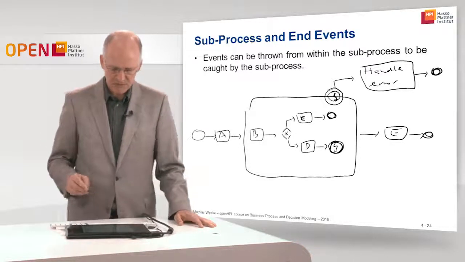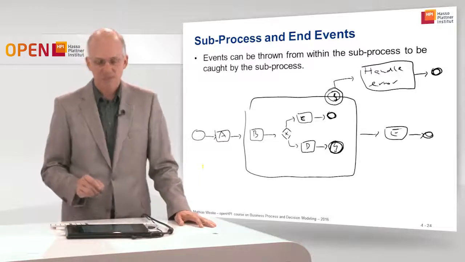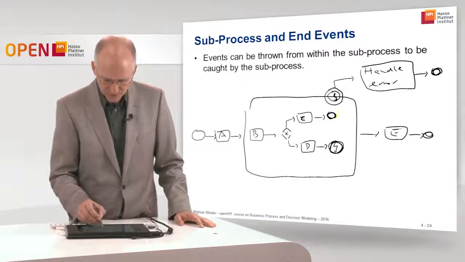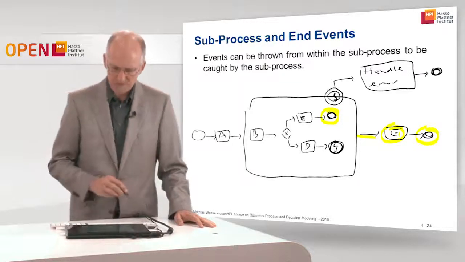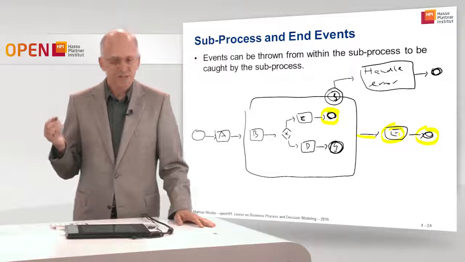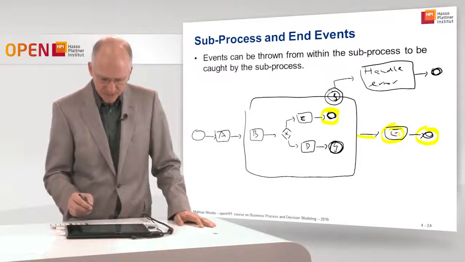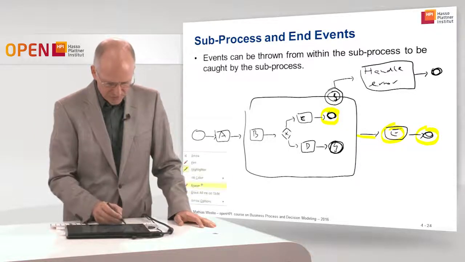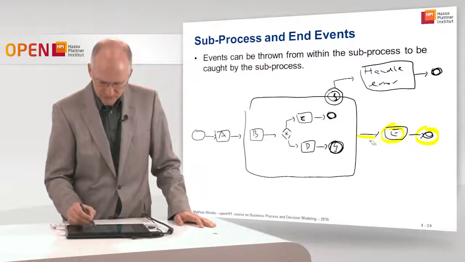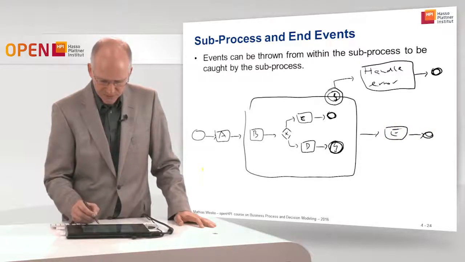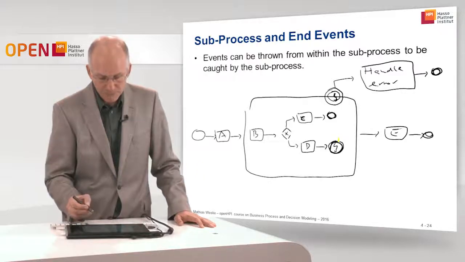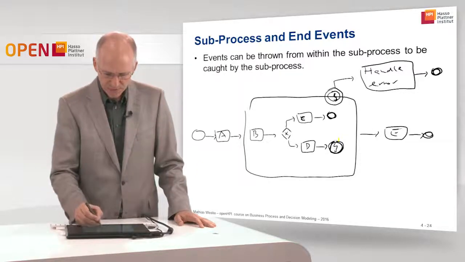Okay, so in this situation, there are two outcomes of this subprocess. One outcome is a normal outcome. In that case, the process continues with E and with the normal end event, the normal outcome of the process. However, the subprocess might also end with the error event.